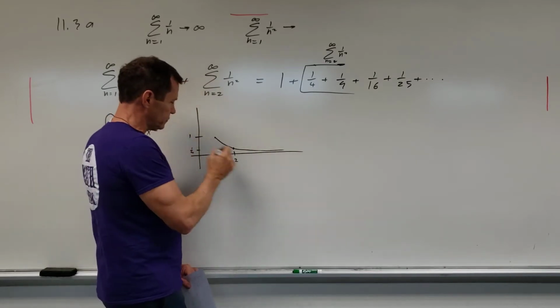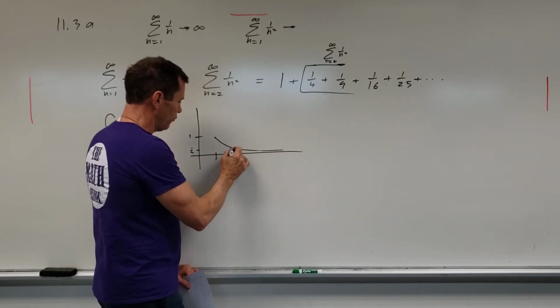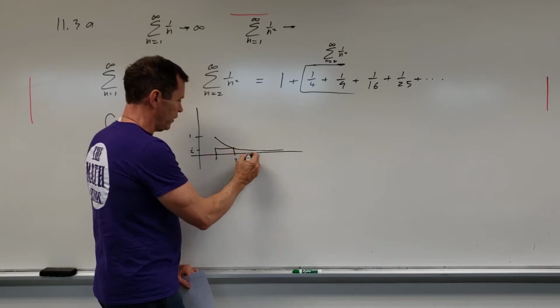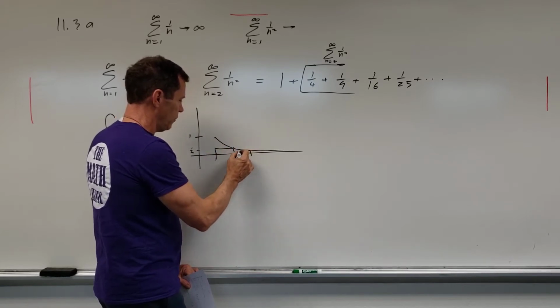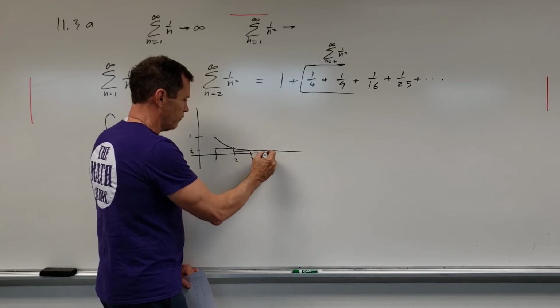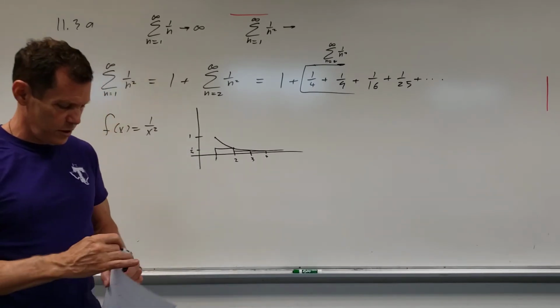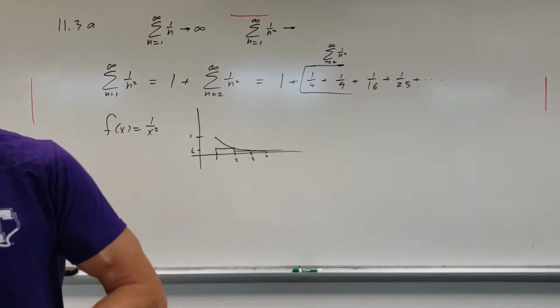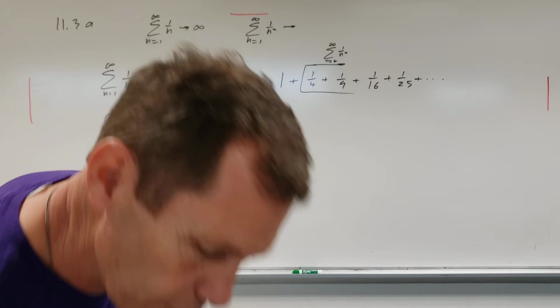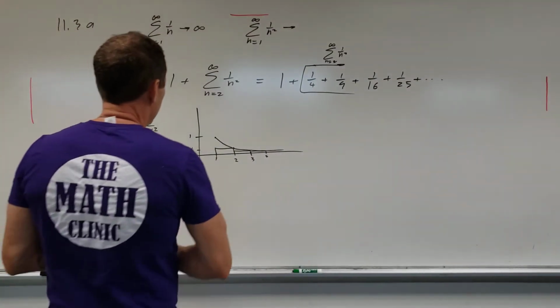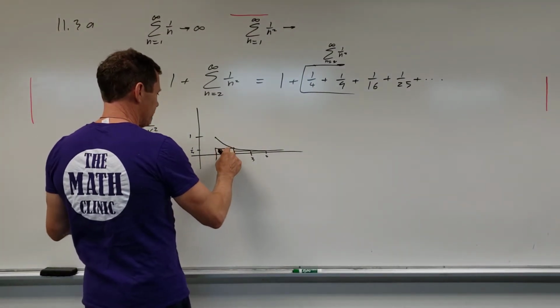Now, let's go from 2 up and over, and then we'll go to 3 up and over, from 4 up and over. Let's figure out what's the area of these, and I'll draw them in red here. What's the area of these red boxes?